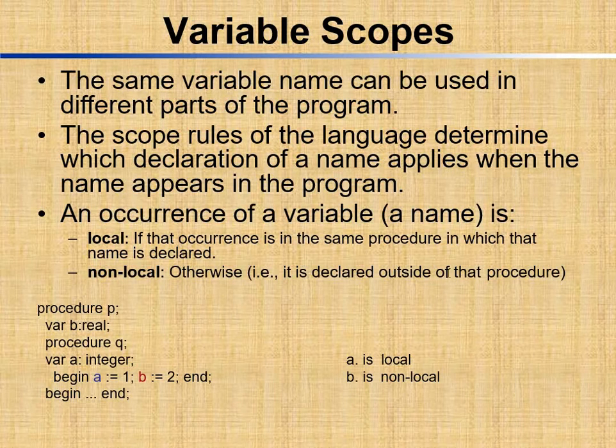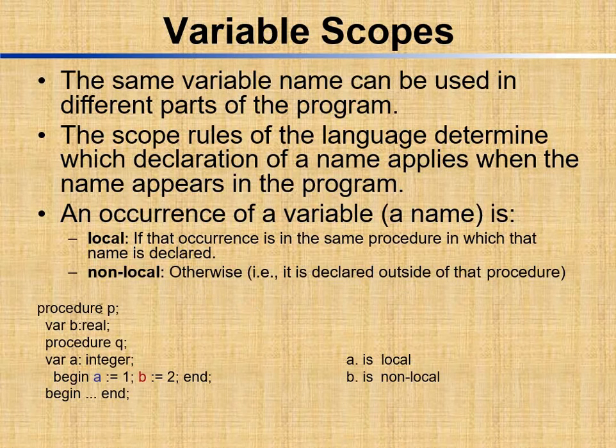An occurrence of a variable is local if the occurrence is in the same procedure in which that name is declared. Otherwise, if it is not local, we say it is non-local; it is declared outside of that procedure.